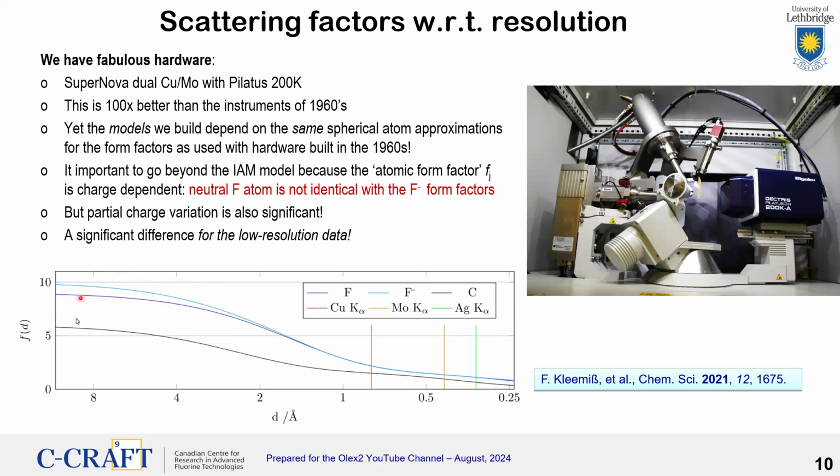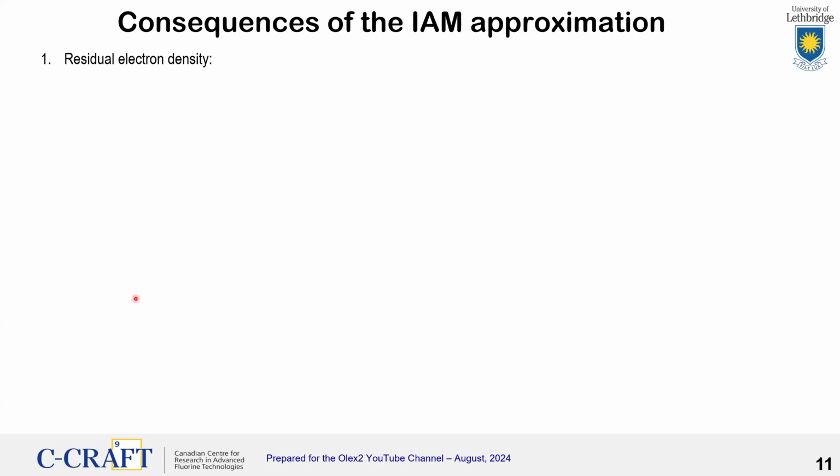And you can see that even if you had, say, 10% variation in charge, you'd get significant differences in the form factors here, and that will change the measured intensity of the peaks. Now, the spherical atom or independent atom approximation simply ignores that variation. We simply use neutral atoms throughout in our structure determination.